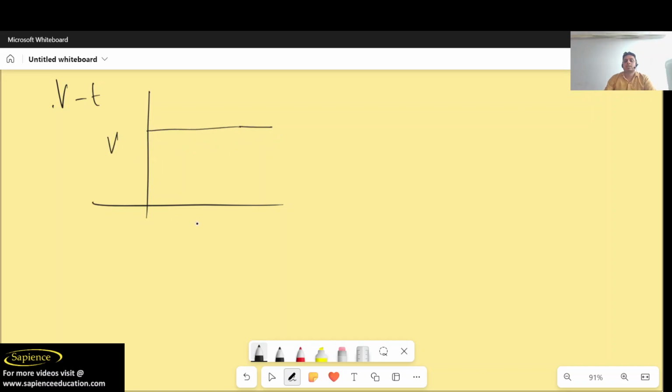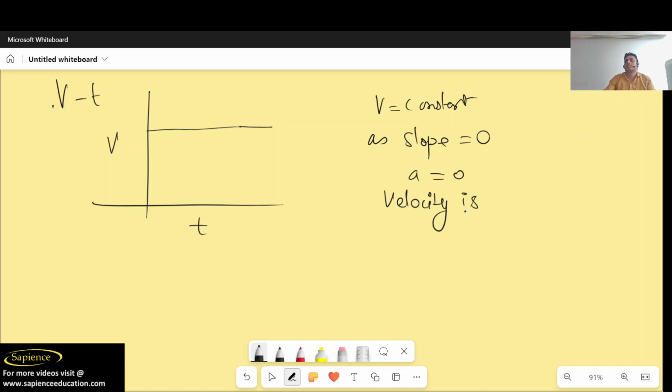From this curve, we can say that velocity is constant as the slope is 0. You can easily say that it has no slope. Slope is 0 means what? Acceleration is equal to 0. If acceleration is 0 means what? Velocity is constant.